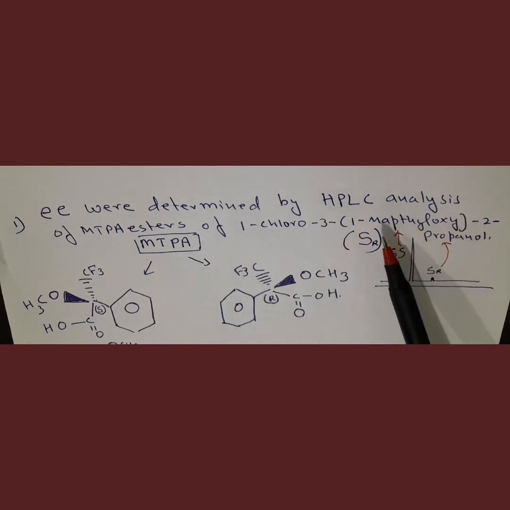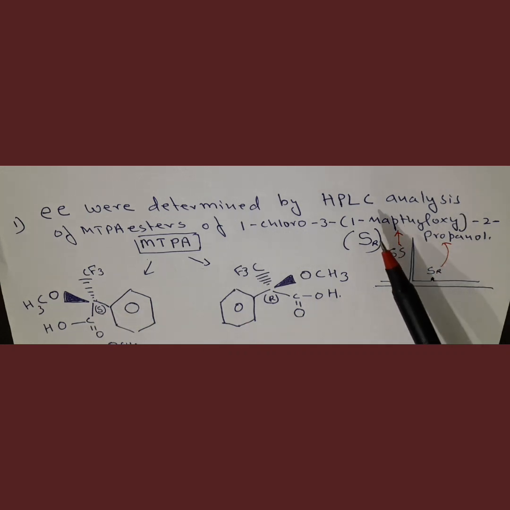When we synthesize this molecule, obviously S would combine with S of this to form the SS ester, and this impurity would also combine with this to form SR. So it forms a diastereomer, with two chiral centers, one of this and one of this.